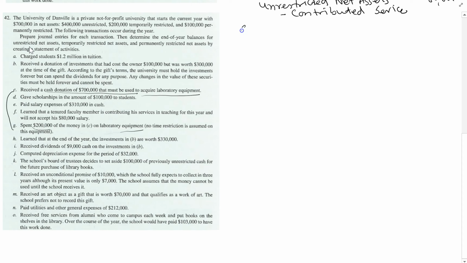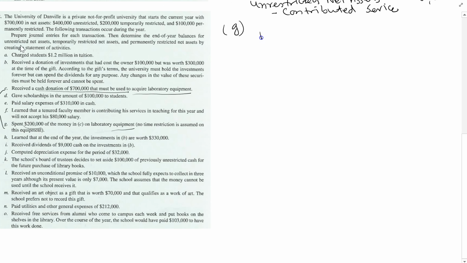So number G, here we have to record the regular journal entry, which is they are purchasing the equipment, which is equipment debit, and they are paying cash credit, and the amount is $200,000.